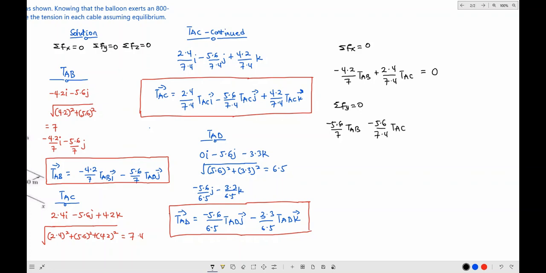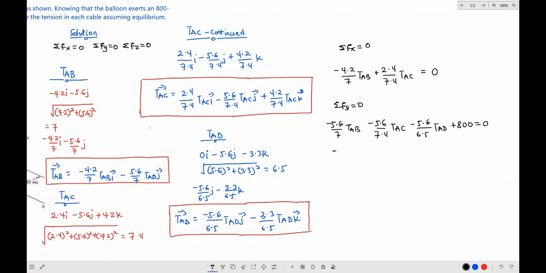And then for TAD, we have minus 5.6 on 6.5 TAD, then plus the force that the balloon was exerting, which will be plus 800, and this should be equal to 0. So this will be our equation 2.